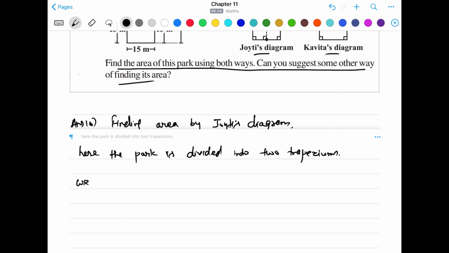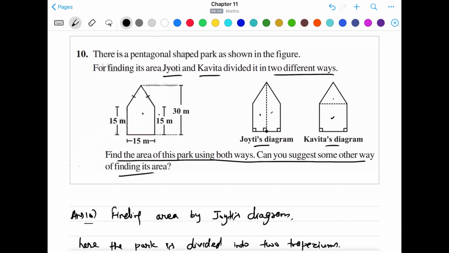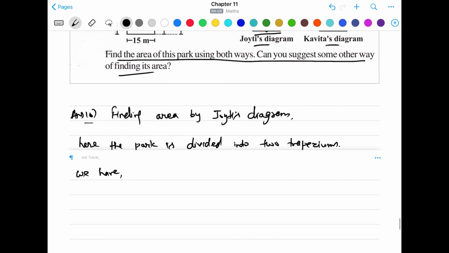Okay, so what is given here is, since this side is 15, so in this trapezium this side is 15 meter, this height total is 15, so this half will be 7.5. Okay, and this longer side is 30 meter.